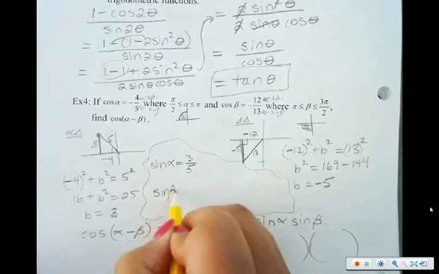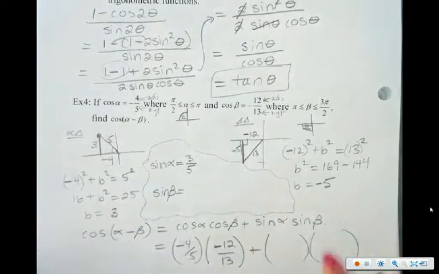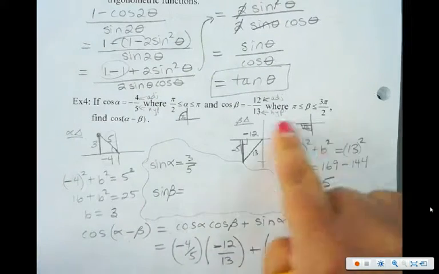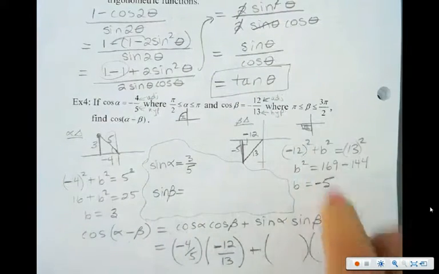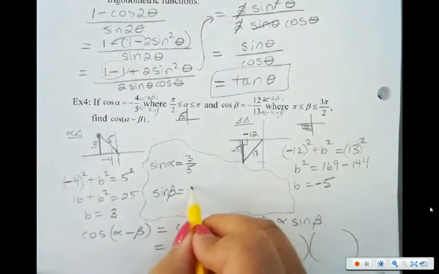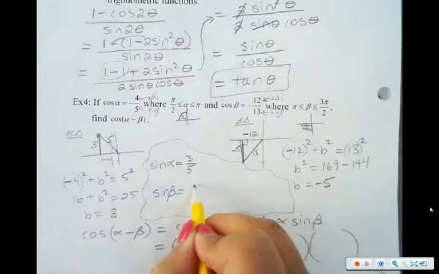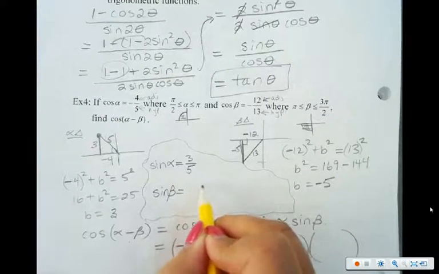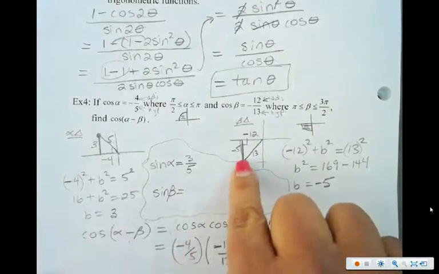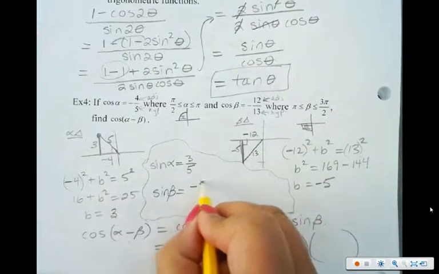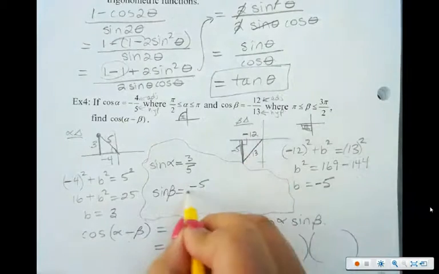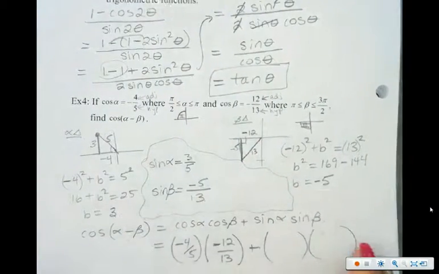Where do I get sine beta from? So let's use the beta triangle. What's in the numerator? What's the y value here? Negative 5, and then my r is 13.